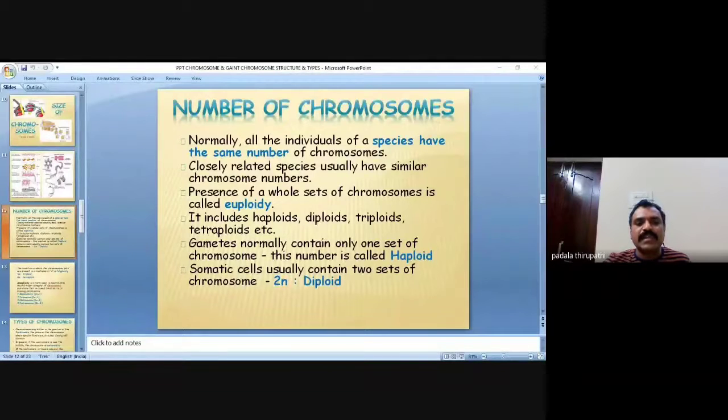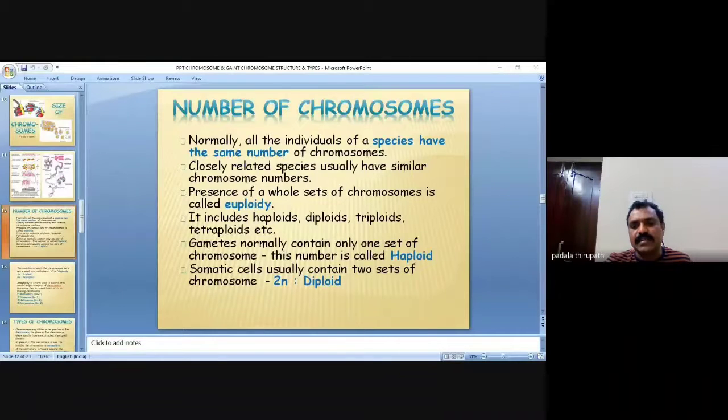Generally, we observe this only in the gametes in sexual reproduction. The female gametes or male gametes possess one set of chromosomes, so they are in the haploid state.